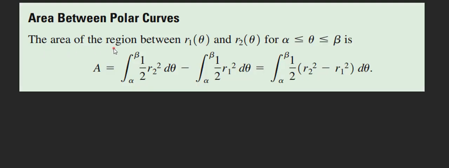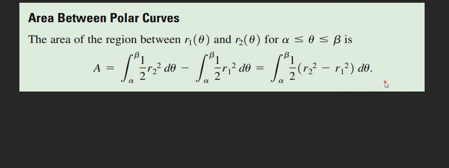So the area of the region between R1 of theta and R2 of theta for alpha to beta will be this right here, what we just talked about. And remember, in this case, R2 is the longer radius and R1 is the shorter radius.